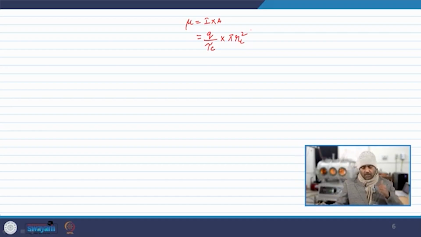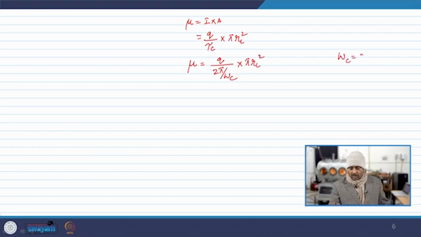Time is the amount of time it requires to complete that circular motion, times within that circular motion, it covers a closed loop of area pi RL square, right? So, we can write the magnetic moment as mu equals Q by 2 pi by omega c times pi RL square.